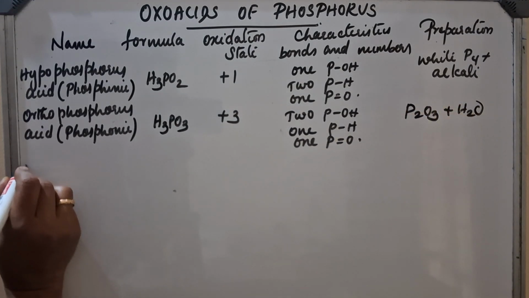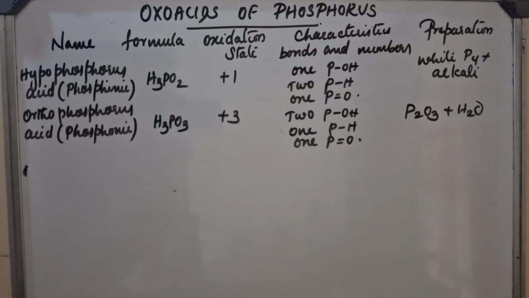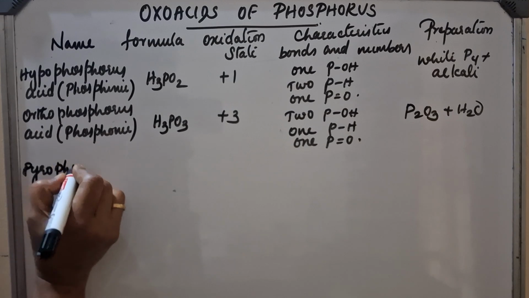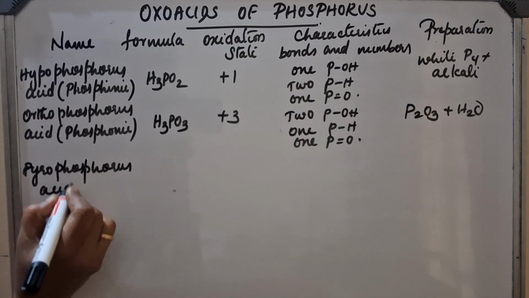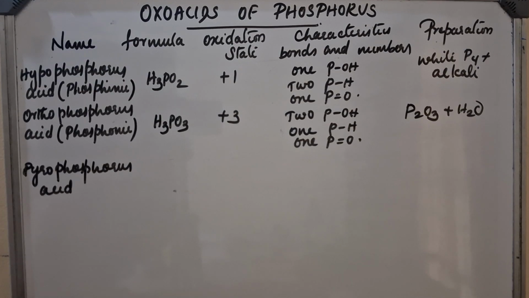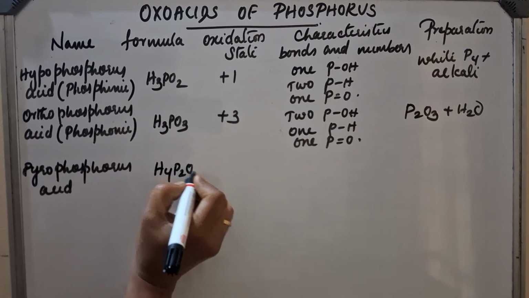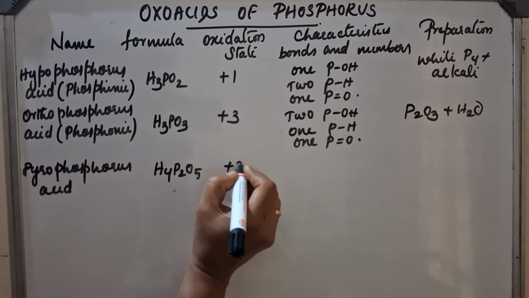Now, third one is pyrophosphorus acid. Its formula is H4P2O5. Here the phosphorus has the oxidation state +3 itself.